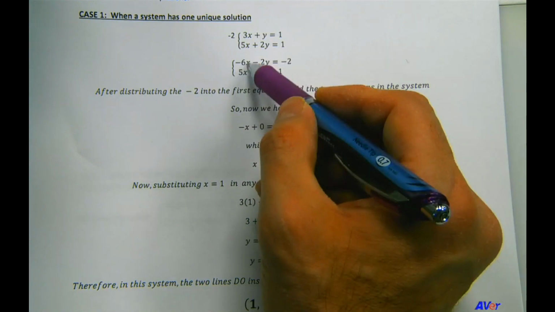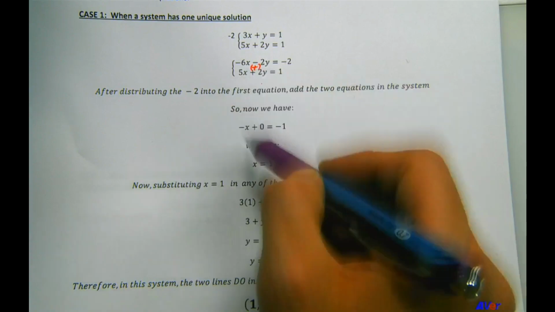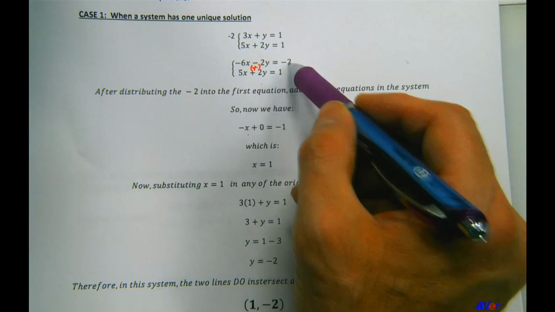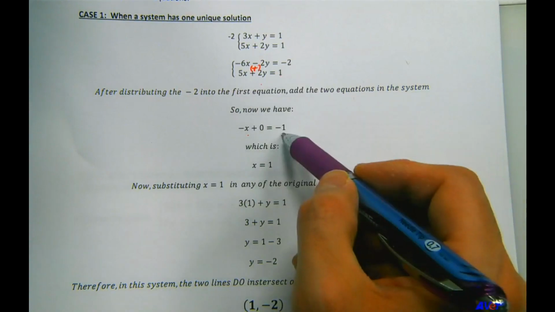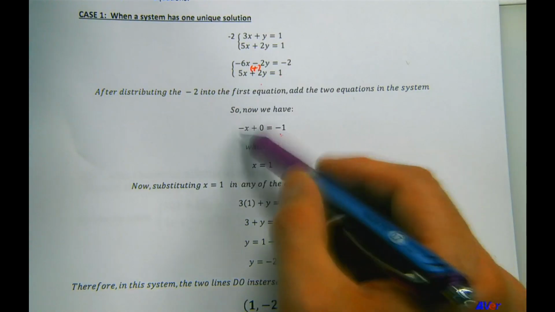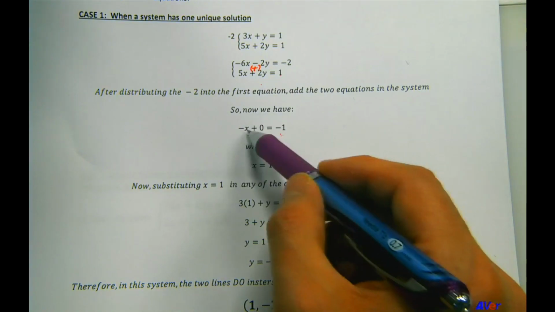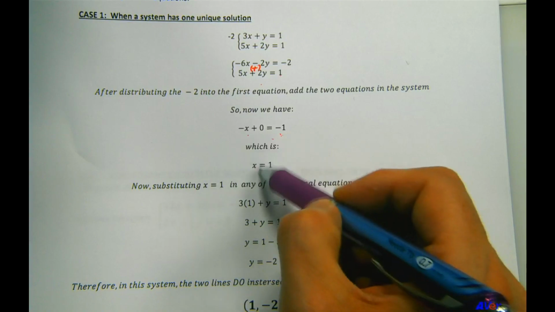Then minus 6x plus 5x, you get minus x, equals minus 2 plus 1, which is minus 1. So you solve this linear equation in one variable for x, and you get 1. Okay? So x equals 1.